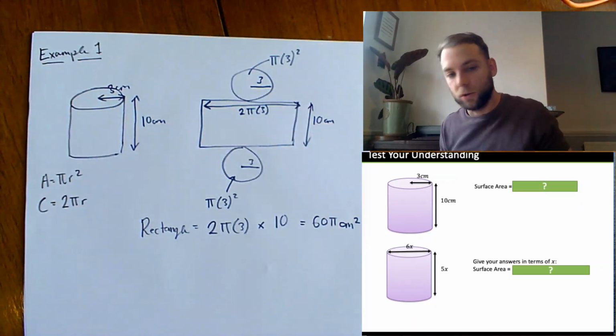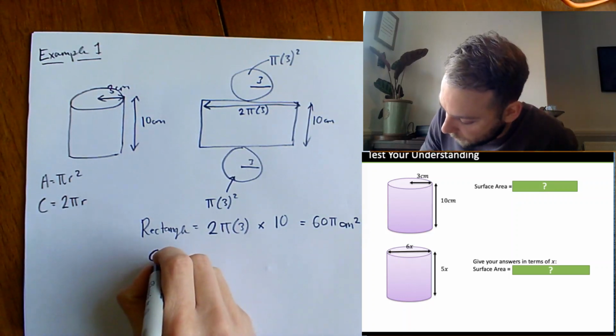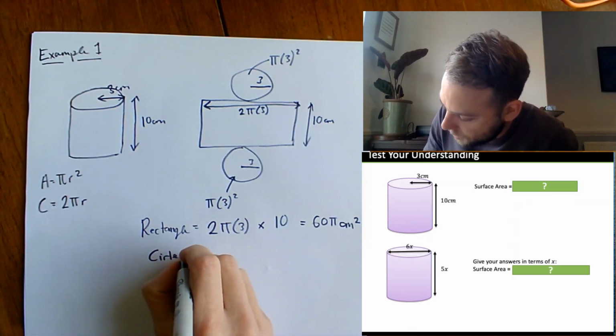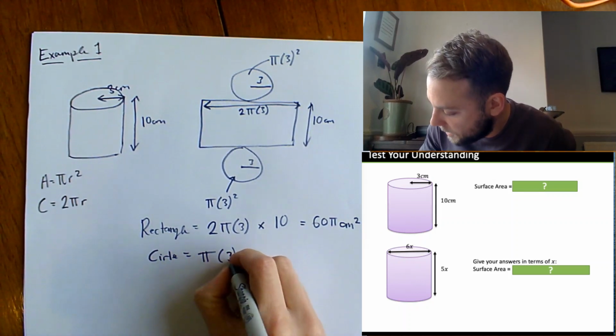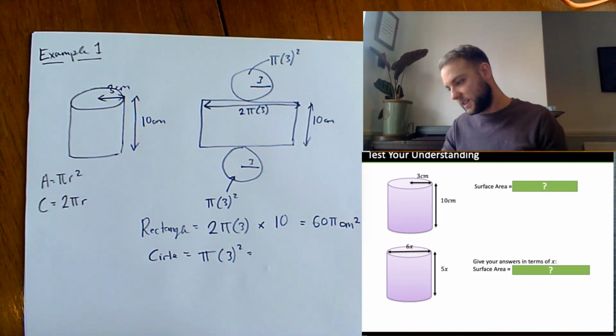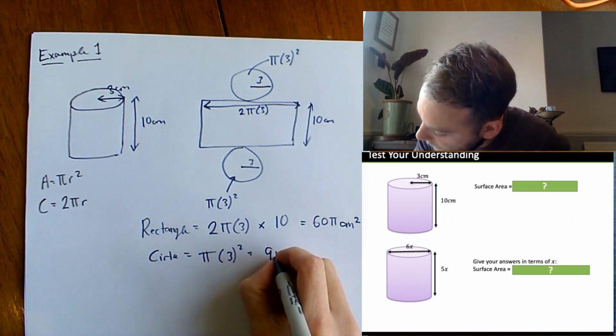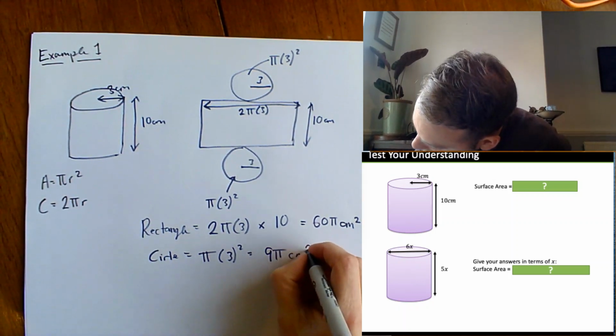And the circles, let's just do one circle and I'll double it in a second because there's 2. So the circle is equal to pi times by 3 squared. 3 squared is equal to 9. That's going to be 9 pi centimetres squared.